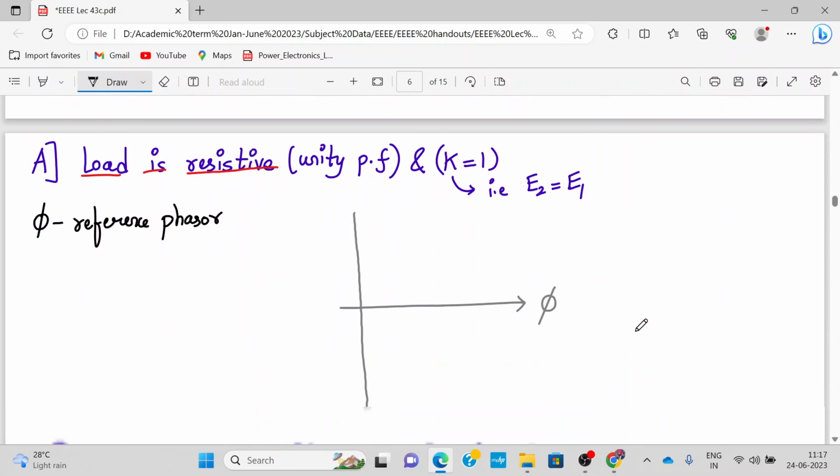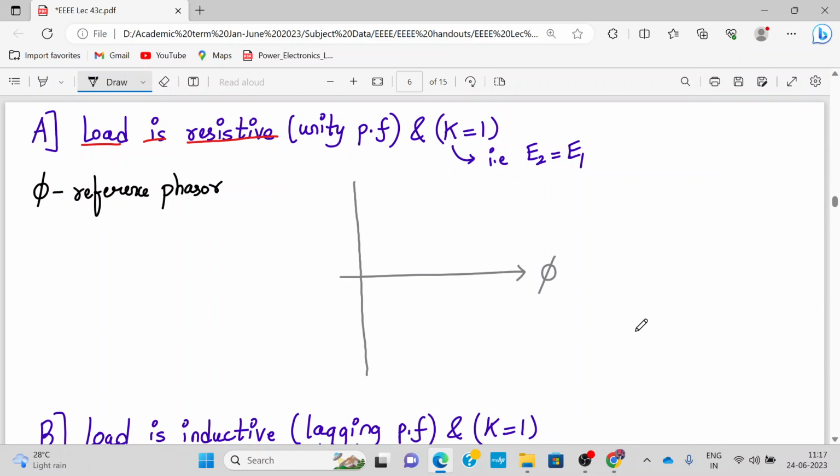So let us draw the phasor diagram for the following loads: resistive load, inductive load and capacitive load. Let's say the load is resistive first. That means we have a unity power factor. Also we are considering that the transformer ratio K, which is given by E2 upon E1, is 1. That means E2 is equal to E1.